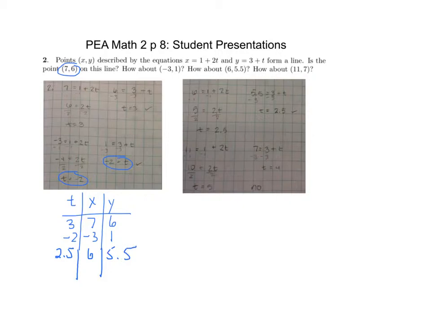And then what she found on the last one is that to get the 11 for x, you have to plug a t value of 5 in, but then that did not give you the same thing. If I plug a 5 in to this, I get y equals 3 plus 5, which is 8. So 11, 8 is on the line, 11, 7 is not. Okay? Questions there?